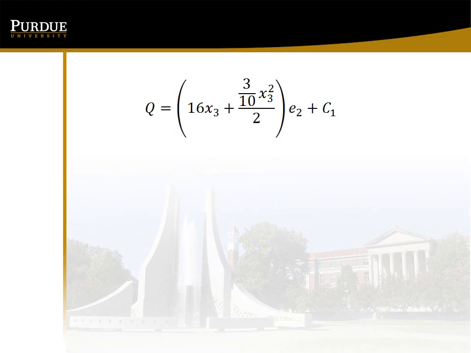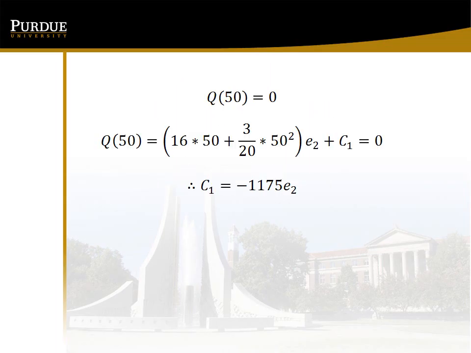Now we find that we have a constant, C1, that happens after the integration. Continuing on to simplify the expression, we have this here. This next part, we're using Q of 50 equal to 0 to solve for C1. Now Q at 50, which is along the x-axis or x3 axis, as we talked about earlier in the problem statement, is where the tractions are all equal to 0.